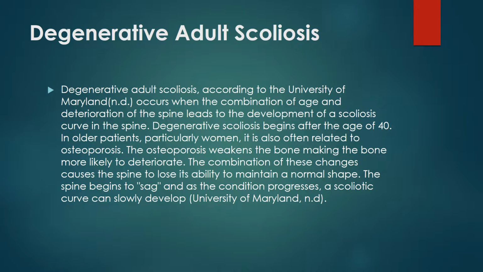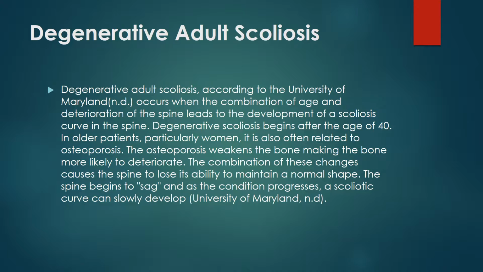For degenerative adult scoliosis, this degenerative process occurs when the combination of age and deterioration of the spine leads to the development of a scoliosis curve in the spine. Degenerative scoliosis begins after the age of 40.